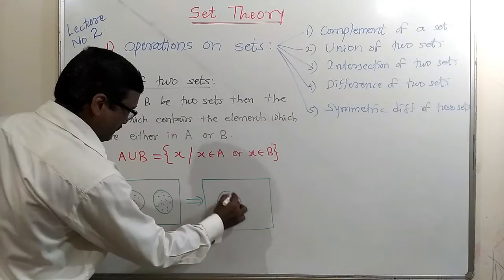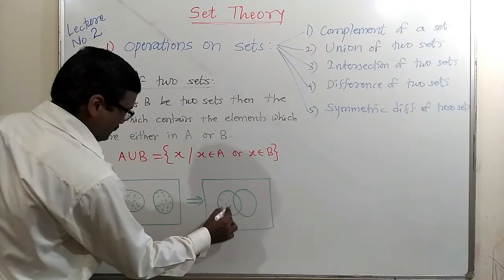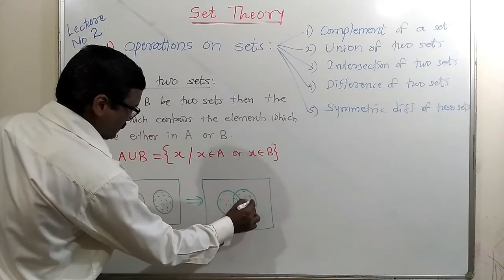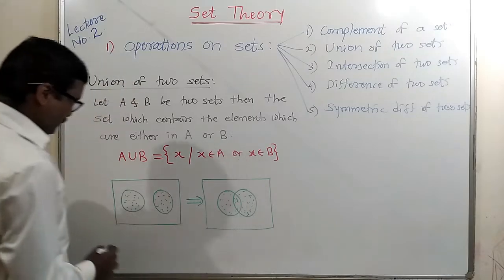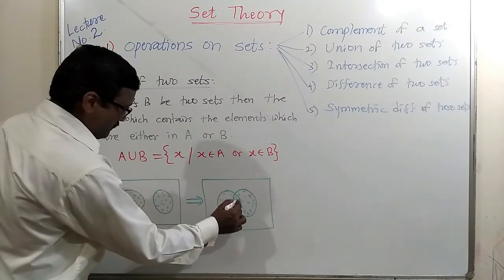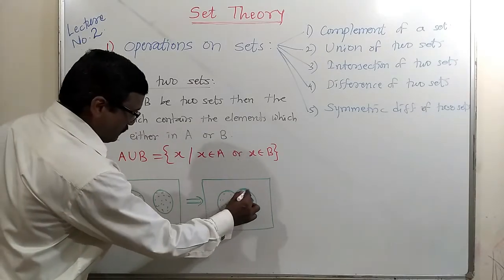This is set A, this is set B. This region gives us the union of two sets. Means it contains the elements of A and of B. Here are some elements which are common in both. So this is the union of two sets.